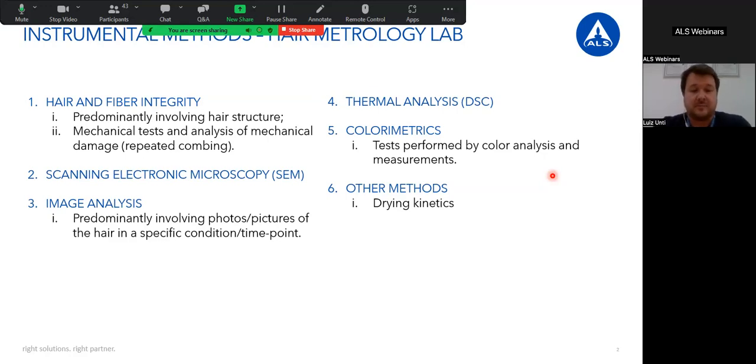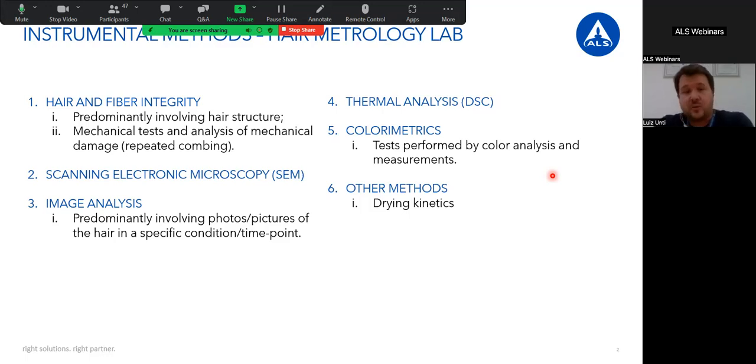We also have some methods to analyze the cuticle using SEM, and not only the cuticle, but some deposit over the cuticle. We also have image analysis methods to analyze shine, luster, and other things related to frizz formation, like anti-frizz or volumizer effect, curl definition, straightening, retention.